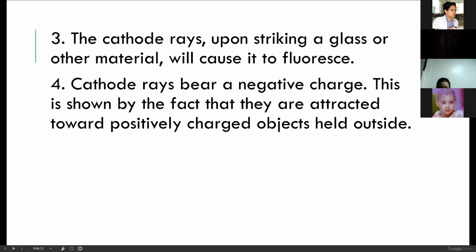Number three, cathode rays, upon striking a glass or other material, will cause it to fluoresce. Number four, cathode rays bear a negative charge. This is shown by the fact that they are attracted towards positively charged objects held outside.